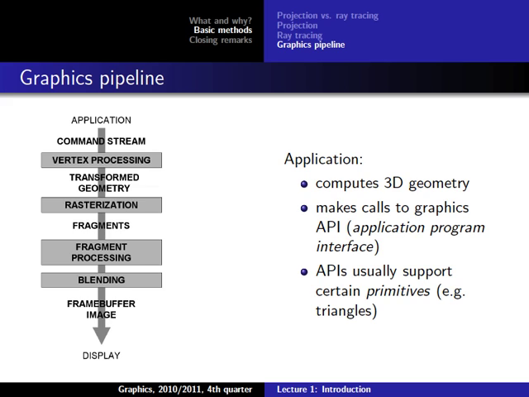Just out of curiosity, when I say application program interface, who is not familiar with these terms? For whom is this completely new, or who does not know immediately what an API is? Okay, good. And who is at the other extreme, who finds it kind of ridiculous that I explain what an API is?